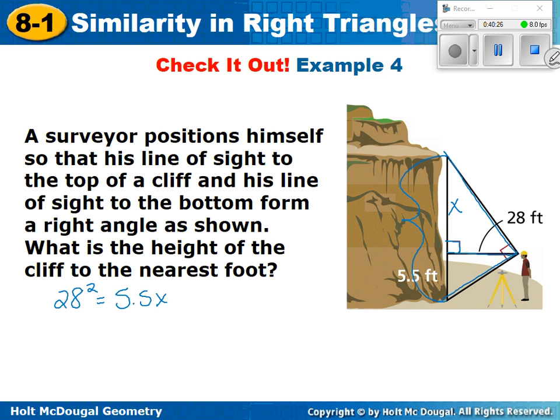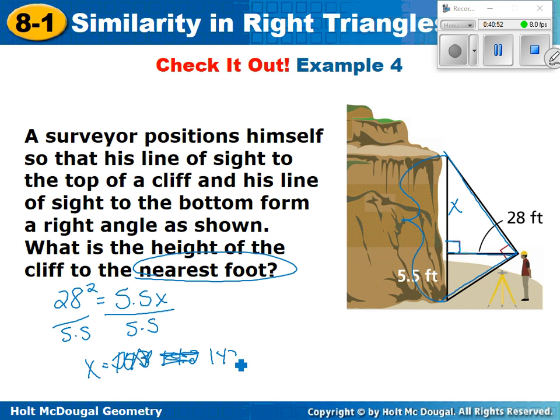Okay, help me out. What is 28 squared divided by 5.5? Nearest foot? 143? Somebody check it and agree? Okay, is that my answer though? No, so should I really have rounded right then? No, what was it again before you rounded? 142.5454, repeating.